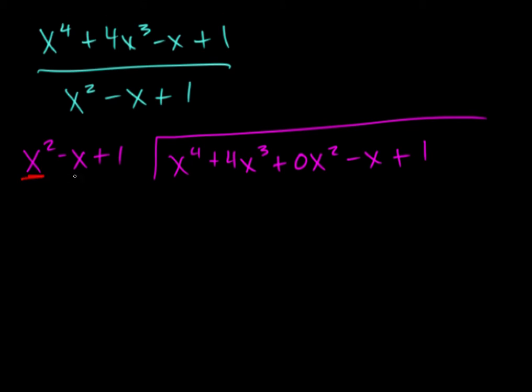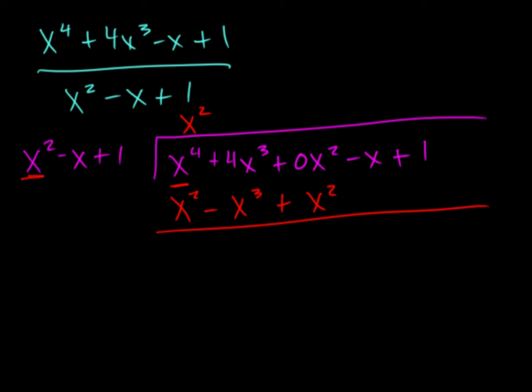Okay, so we still focus on the first and the first, so we got to multiply that by x squared. Multiply it back, x squared minus x cubed plus x squared. Change all the signs. So that was supposed to be a 4. These cancel. These become 5x cubed. This is negative x squared, and then we just bring down the other stuff.